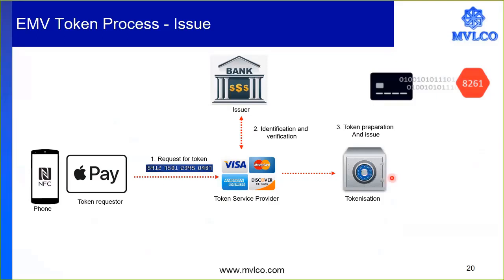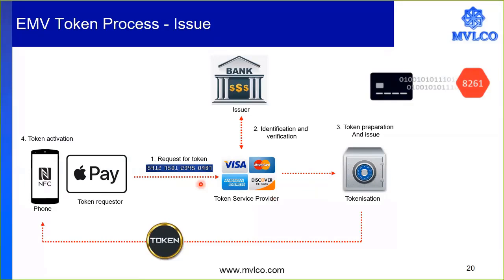Based on that, it will first generate a token. This token vault will only have the mapping between my primary account number and the token itself. So here I create a token, prepare it and issue it. It will give back the token details to the token service provider.